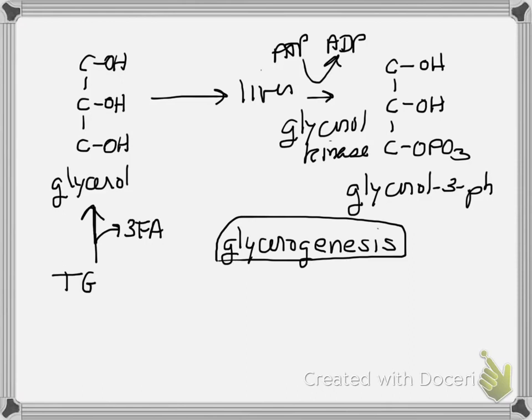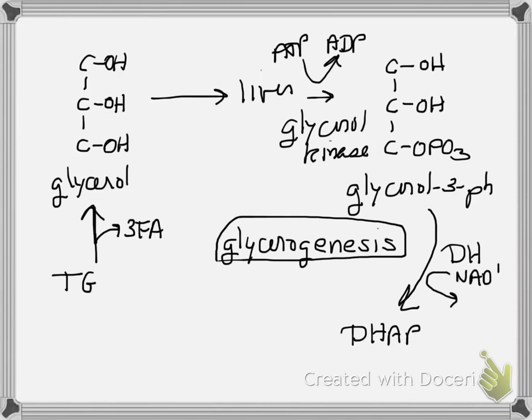But the glycerol 3-phosphate in the liver, remember, the glycerol 3-phosphate dehydrogenase enzyme can convert this into DHAP by a simple redox reaction, and generate a little bit more NADH for the liver in a fasting state.